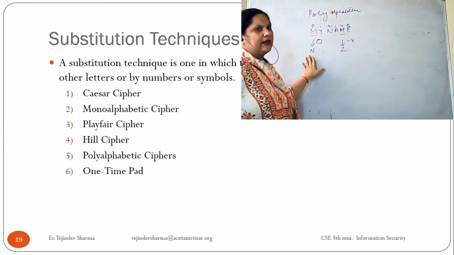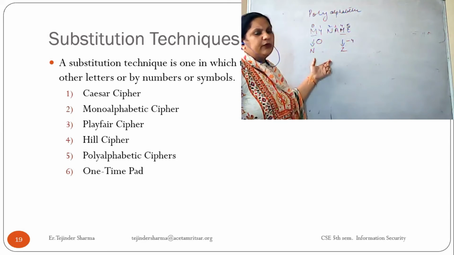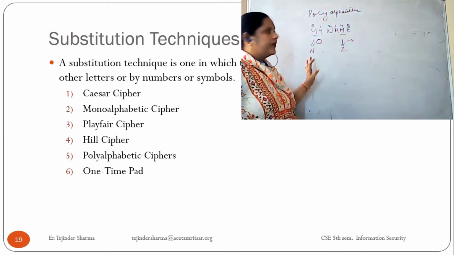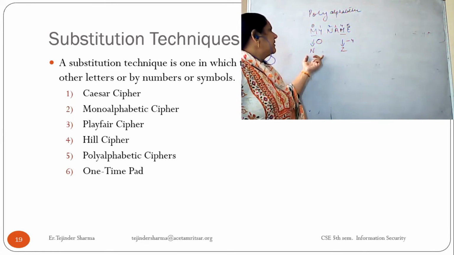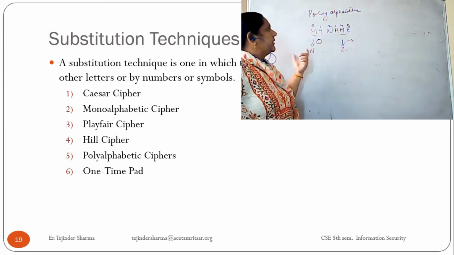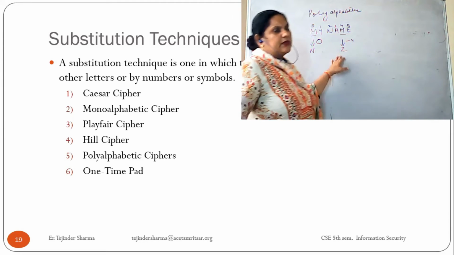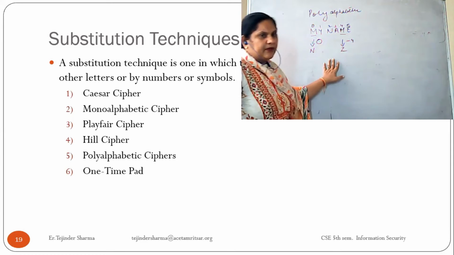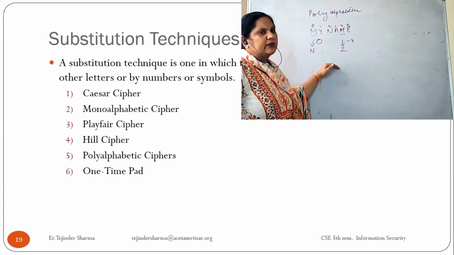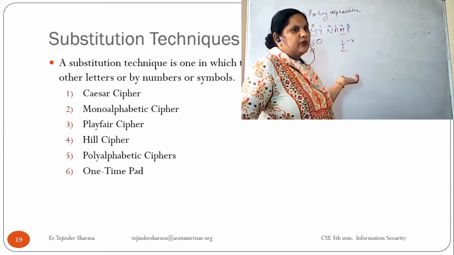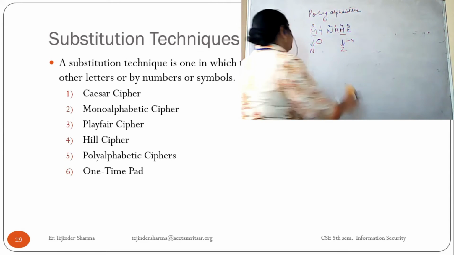For example, you have taken N here, you may take Z here, or you may take X here, that is up to you. For multiple occurrences of the same alphabet, you have different alphabets, different numbers to be substituted every time. So it will be difficult for the opponent or the hacker to guess this text and retrieve the original text.